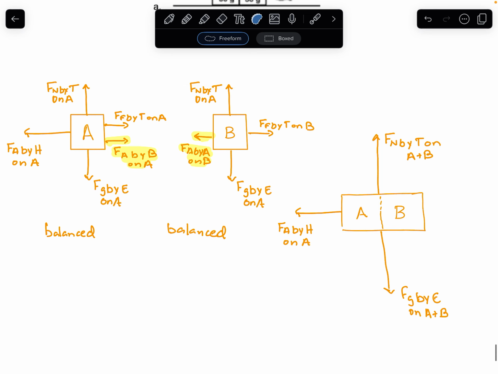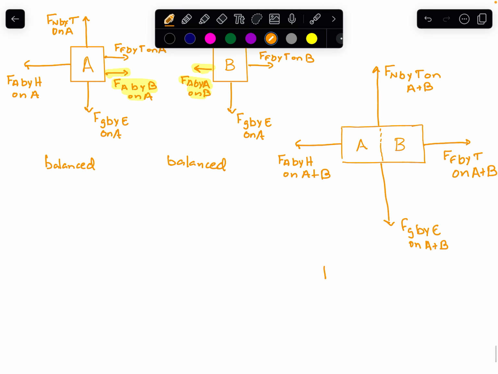And then now let's talk about friction. I need to balance this applied force, so it tells me this is a bigger force. It's actually the sum total of these two. These forces are also balanced.